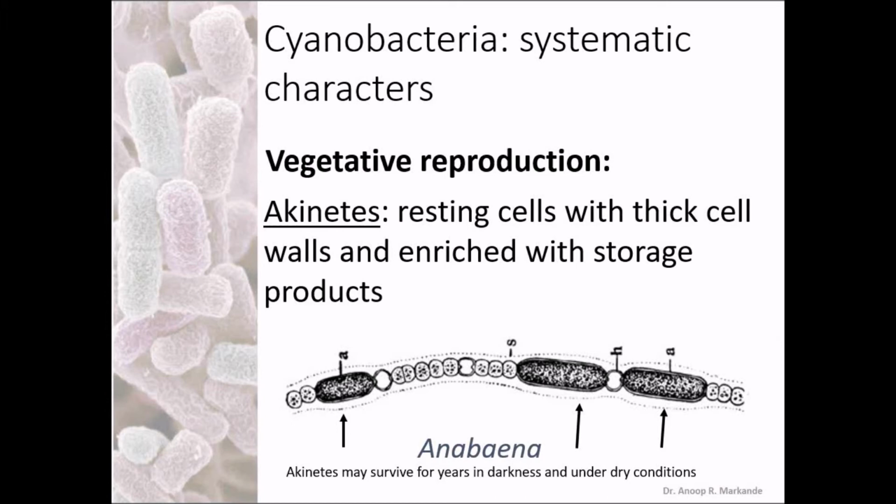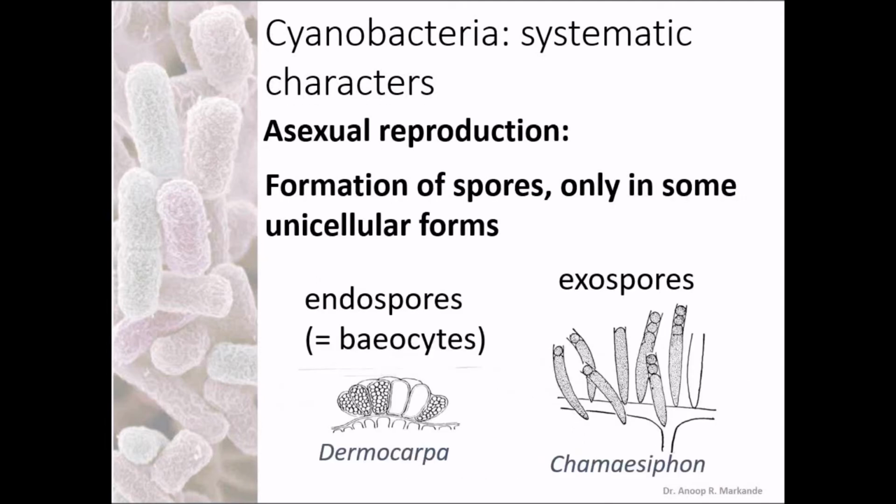Akinetes, as seen in Anabaena, are resting cells with thick cell walls and enriched with storage products. These sometimes can be considered as spores. Sometimes there are actual spores, endospores and exospores, but these are only in some unicellular forms.